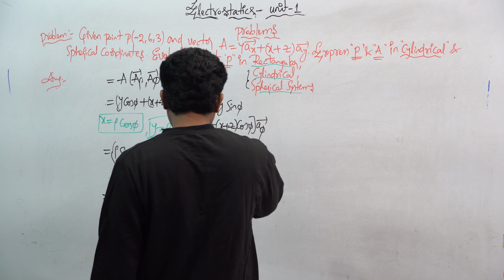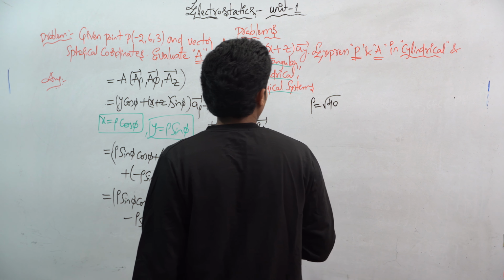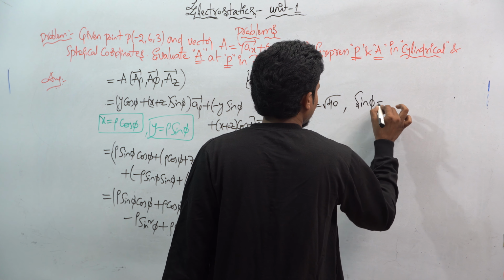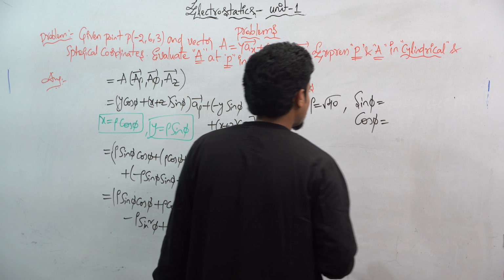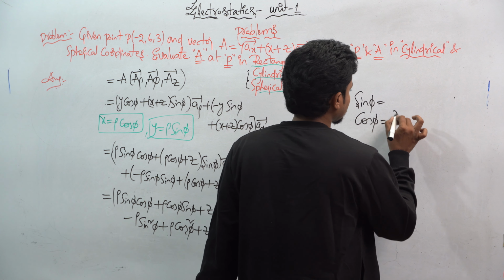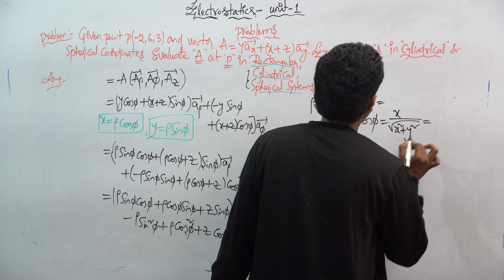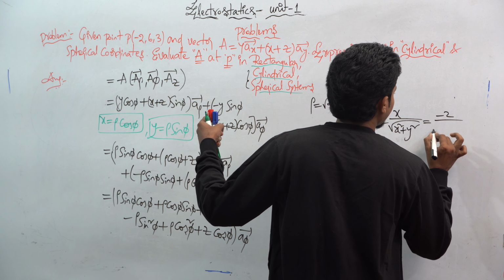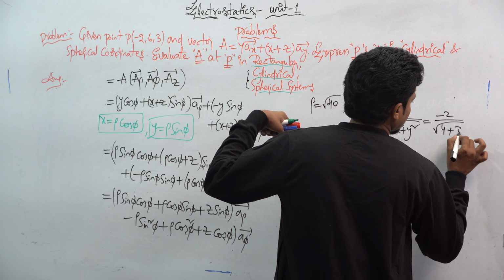So you already know how much you will get. You will get ρ as root 40, right? And what will happen to sin φ and cos φ? Cos φ is equal to x divided by root of x square plus y square, and x is minus 2 divided by square root of 4 plus 36.